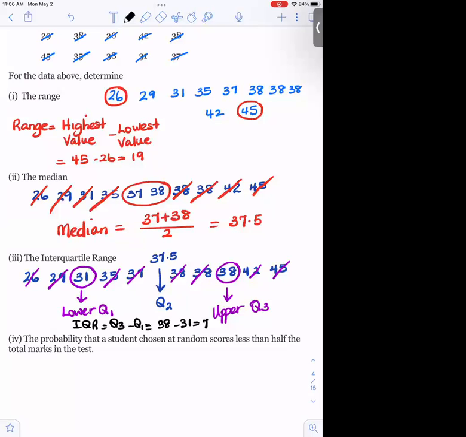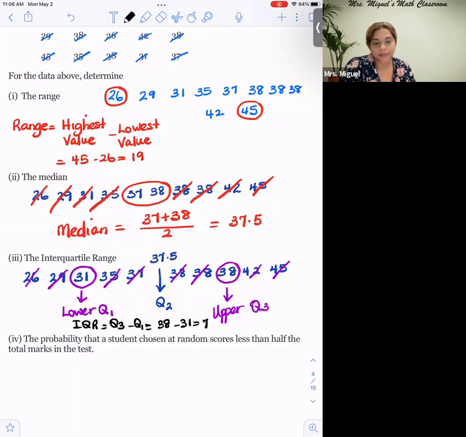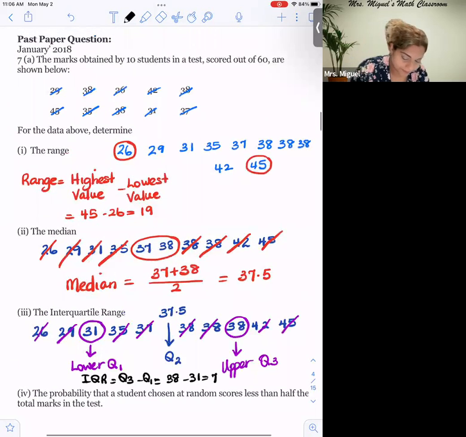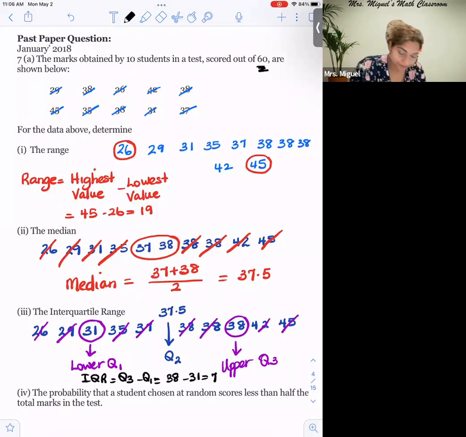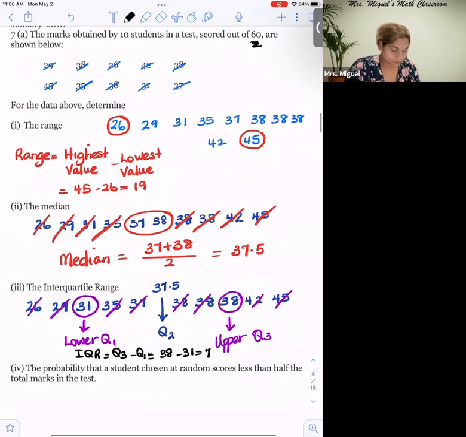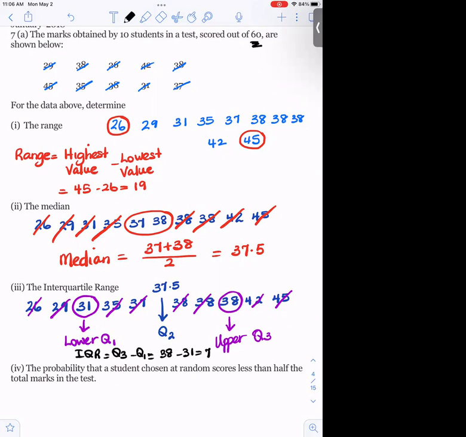We want the probability that a student chosen at random scores less than half. No, less than half. How much is half of 60? Right.